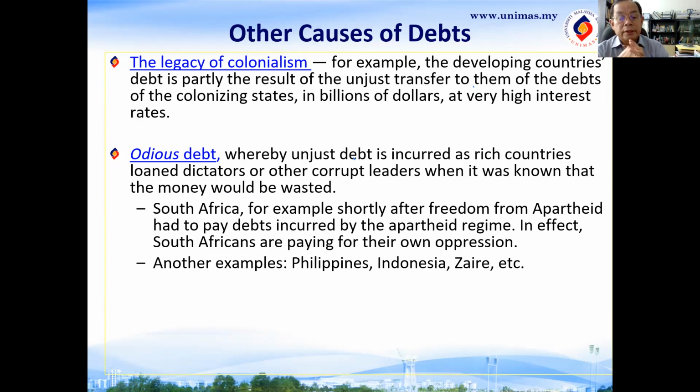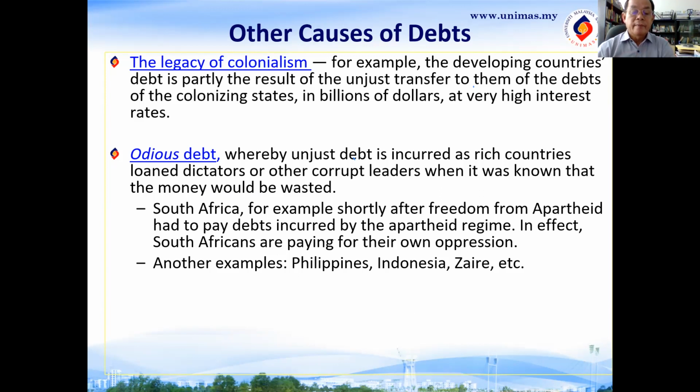Unfortunately, because of bad leadership and unjust government, some of that money ended up in the personal account of the president and his family members, in Swiss banks. The same happened during President Suharto's time in Indonesia, and also in Zaire.